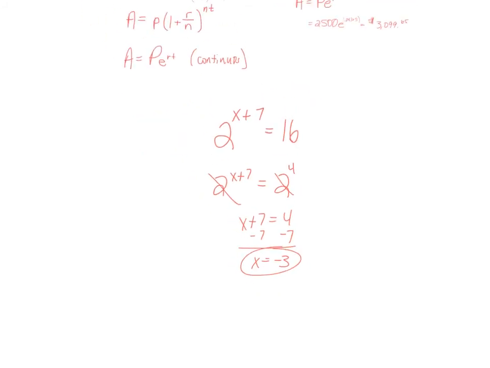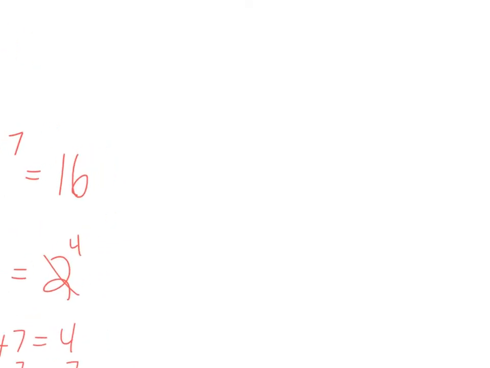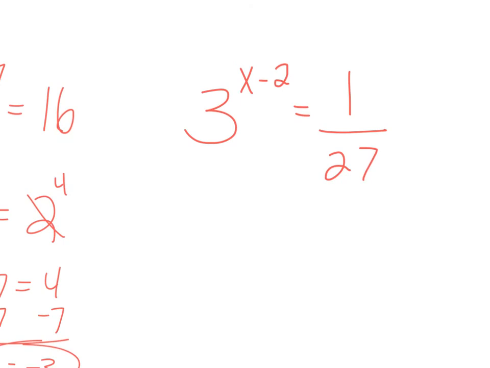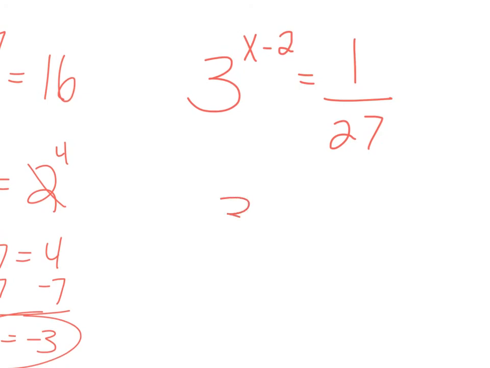Get your bases to be the same. If by chance you had a problem like this, 3 to the x minus 2 equals 1 over 27, I know this fraction means a negative exponent. So I'm going to rewrite this as 3 to the x minus 2 equals 27 to the -1.